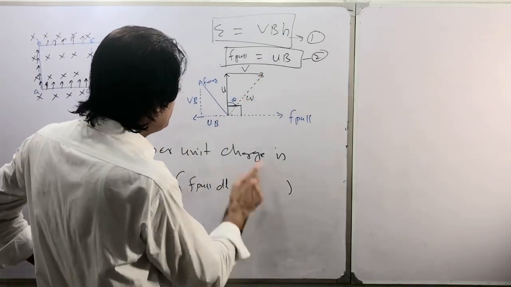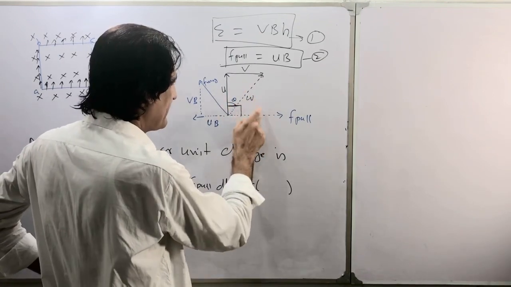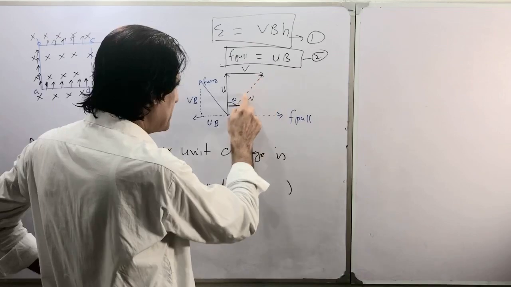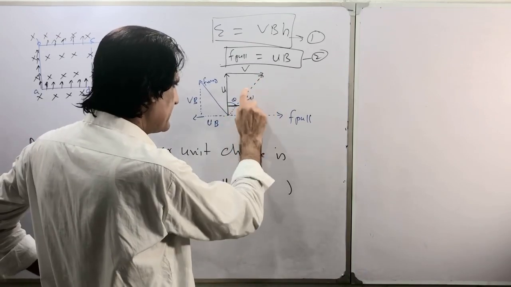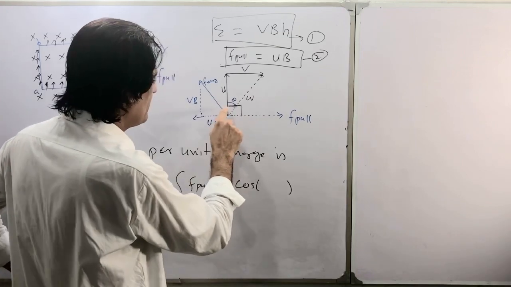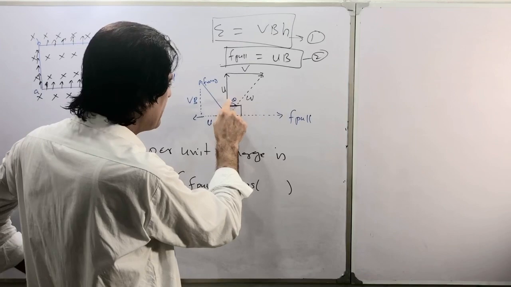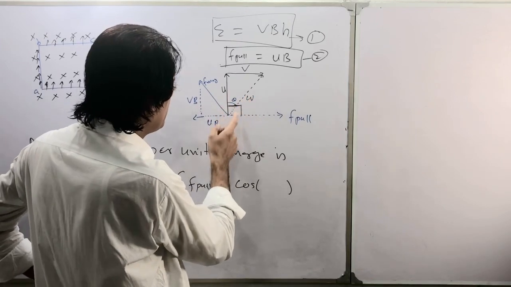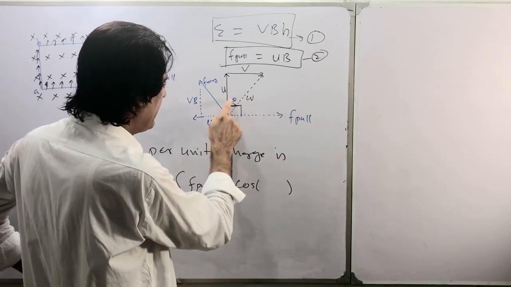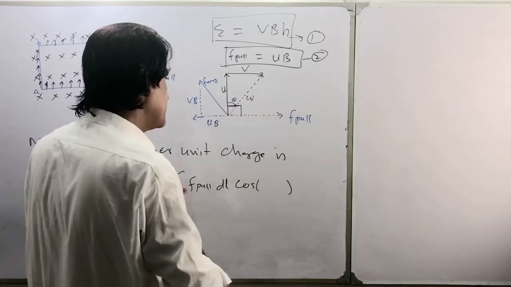And what is the angle between F pull and this DL? The total angle is 90, and this is theta, so we should subtract angle theta from 90, and we will get this angle.